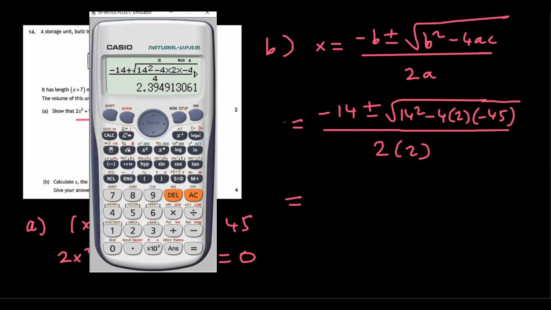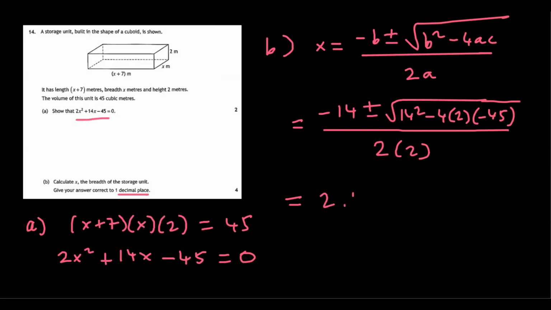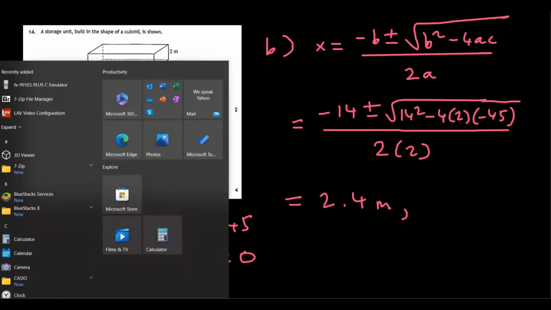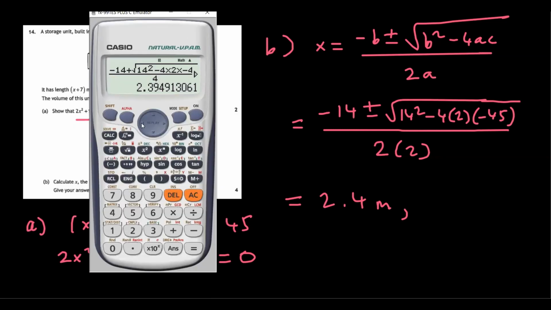So that gives this number. And to 1 decimal place, that would be 2.4. And it would be in meters. And then to get the other solution, we just press the left button to get back to this part. And then we delete the plus sign and we change it to a minus.